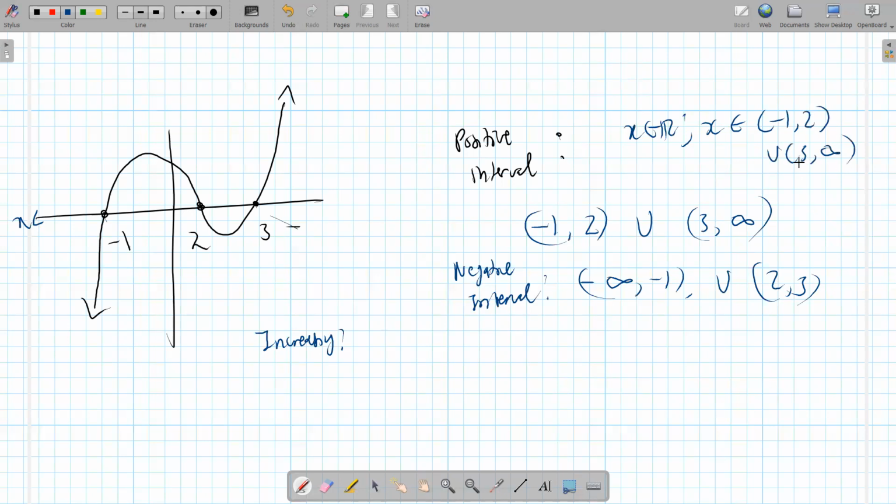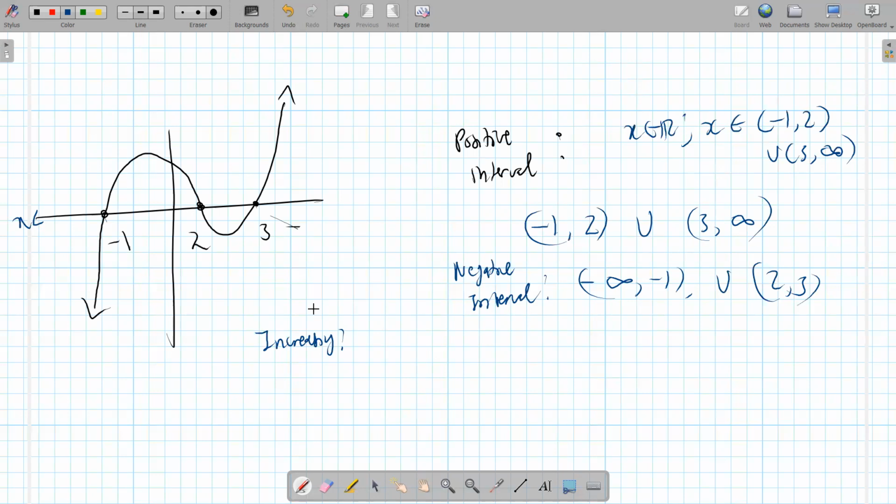Yeah, you do it like that: x ∈ R. Do you have to put the x ∈ R? Yes. And do you put the x ∈ R only when you do it with the union, like the two brackets? Yeah.